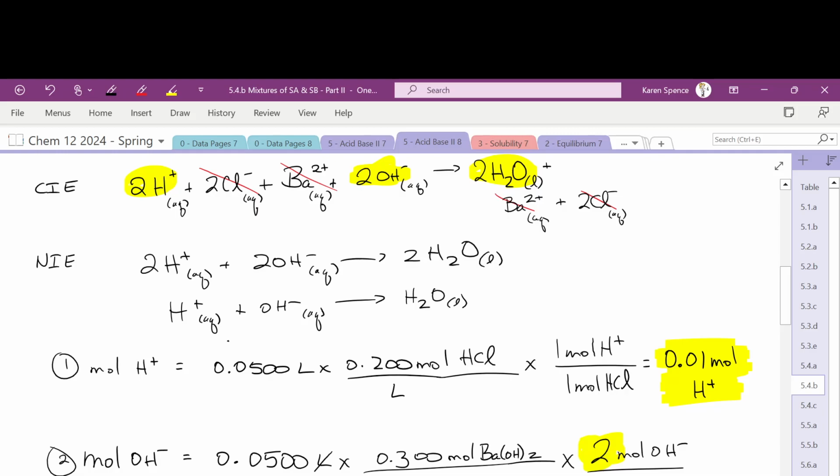You want the moles of OH per liter. You're going to take the moles of OH.